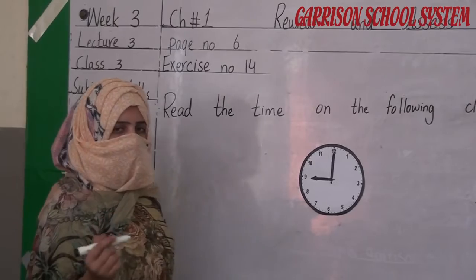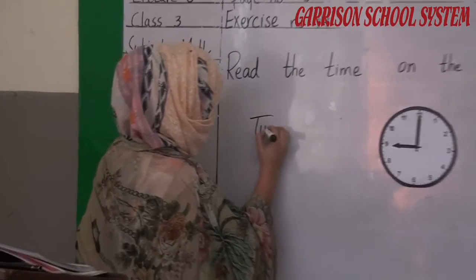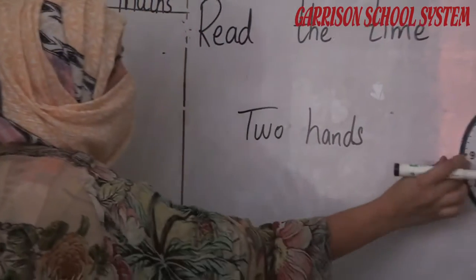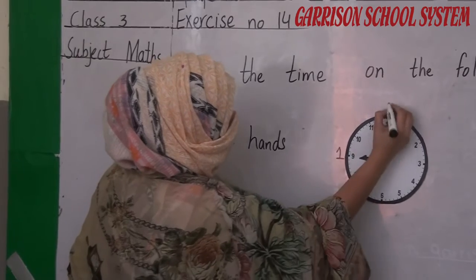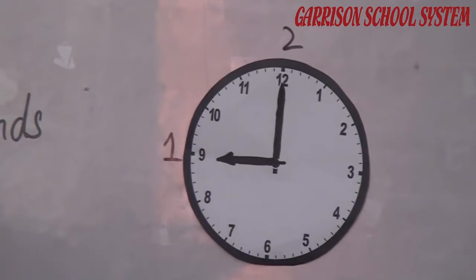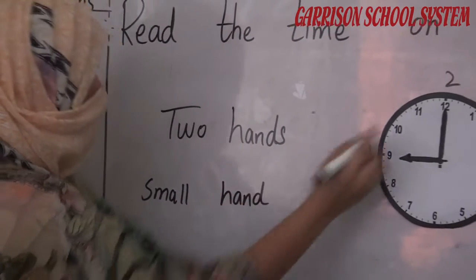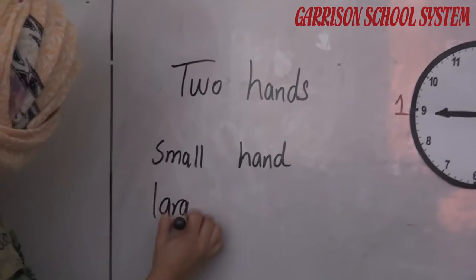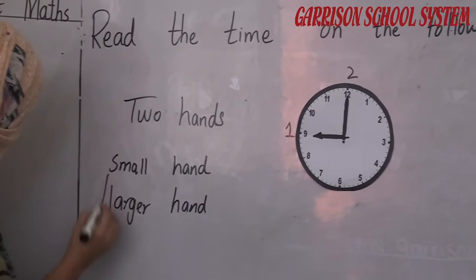Okay, first of all, I will tell you a clock has two hands. There are two hands here, 1 and 2, and this is the small hand, and this is our larger and longer hand.